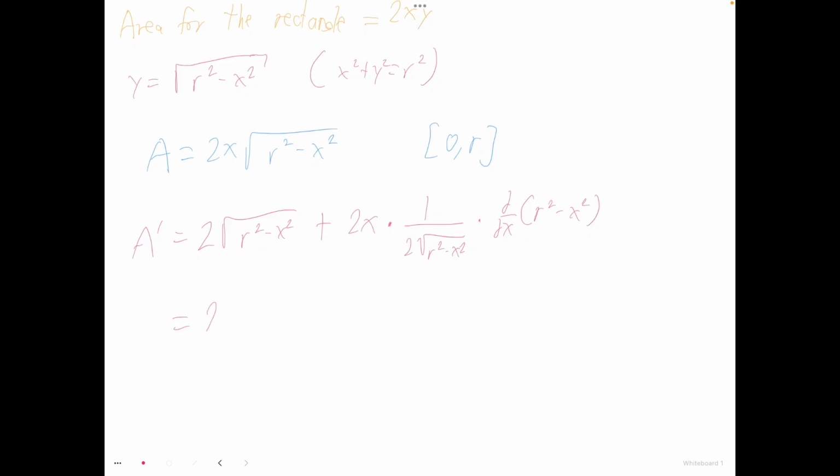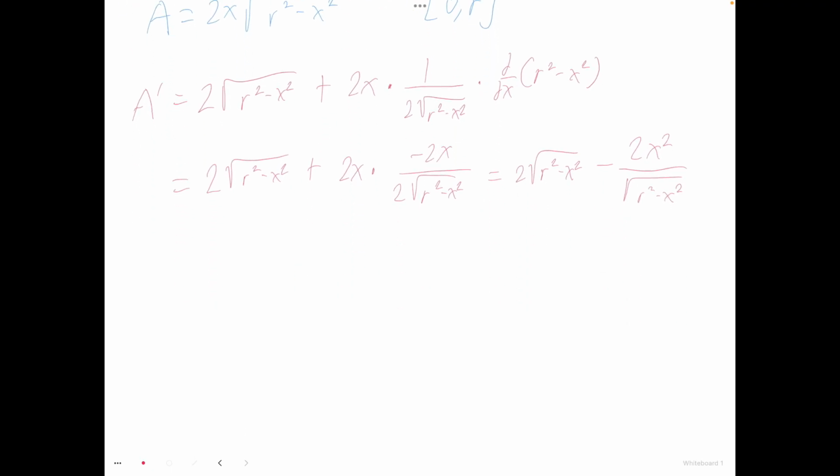So this becomes 2 square root of r squared minus x squared plus 2x times negative 2x over 2 square root of r squared minus x squared. So this simplifies as 2 square root of r squared minus x squared minus 2x squared over the square root of r squared minus x squared.